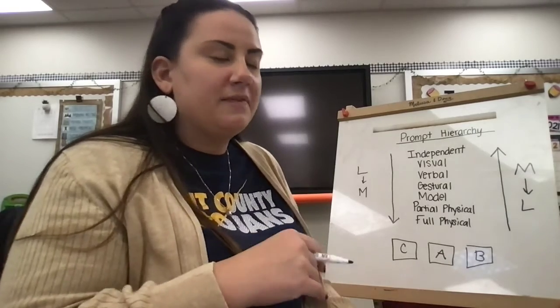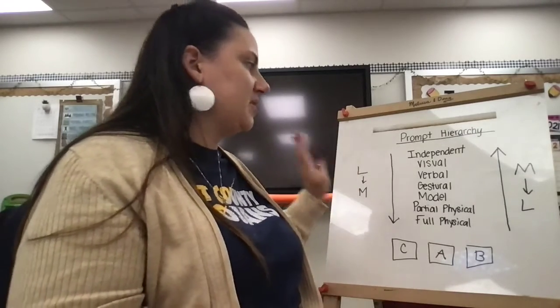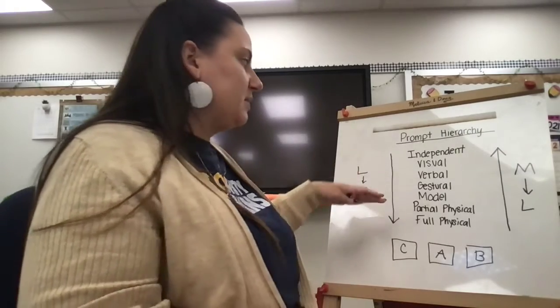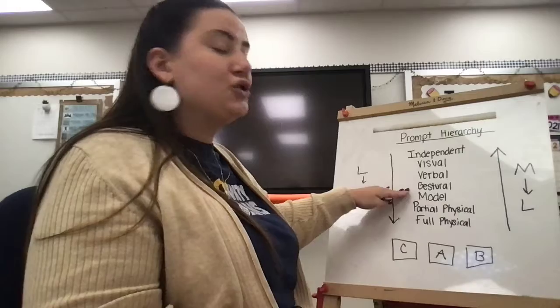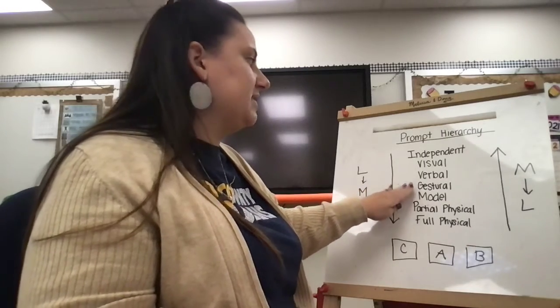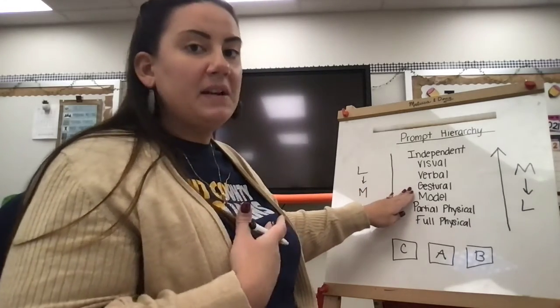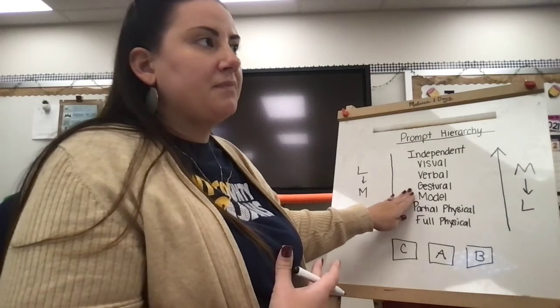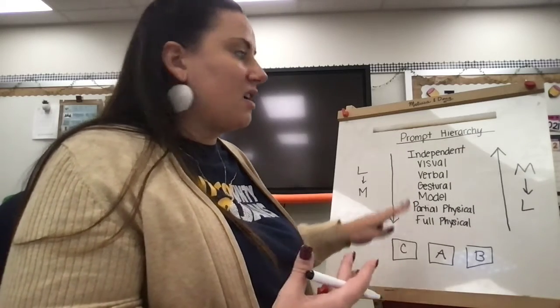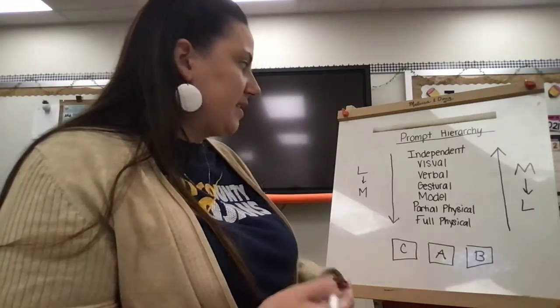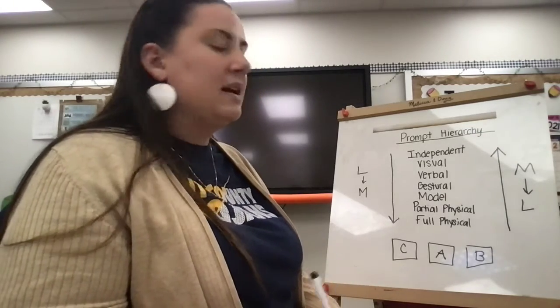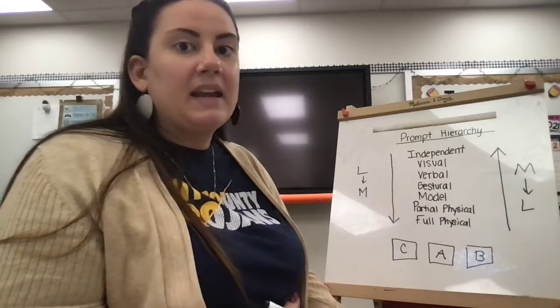I'll get a little bit more into prompt fading in a minute. I'm going to continue to explain to you guys all of these prompts. So underneath a verbal prompt is gestural, okay? So this is something that the adult is going to do with their hands, usually, as a form of assistance to get the child to get the answer or make an answer choice.